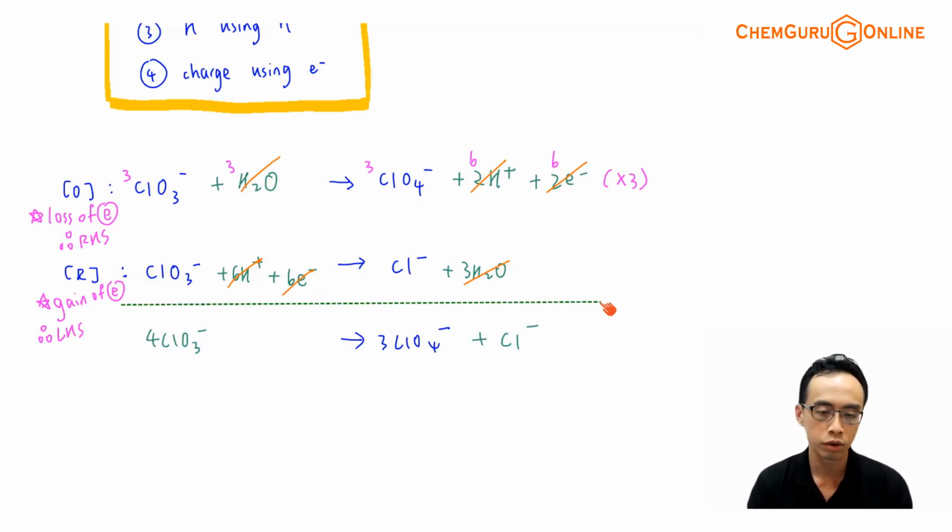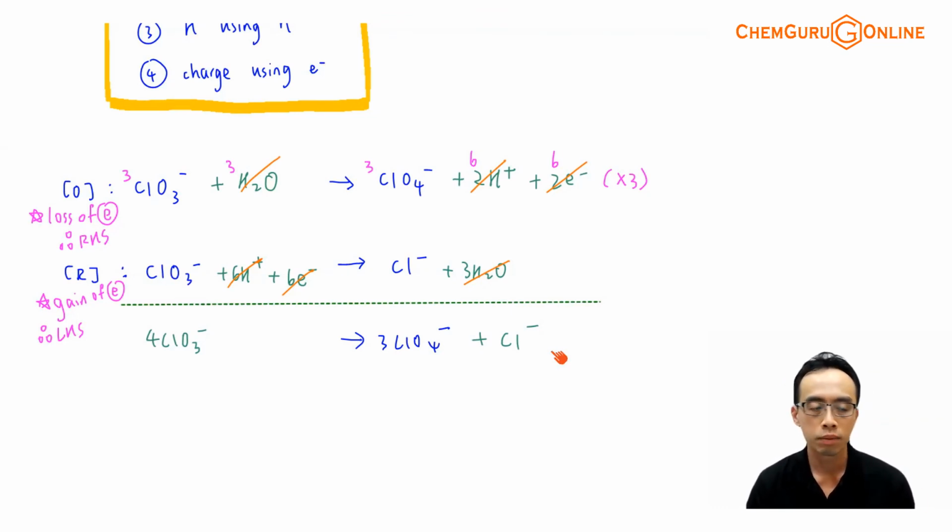The overall balance equation will be 4 ClO3 minus to give me 3 ClO4 minus plus Cl minus. Alright, so that was the discussion involving disproportionation reactions. So we are using chlorate 5 as an example to show that disproportionation reaction is a redox reaction where a species is simultaneously oxidized and reduced in the same reaction.